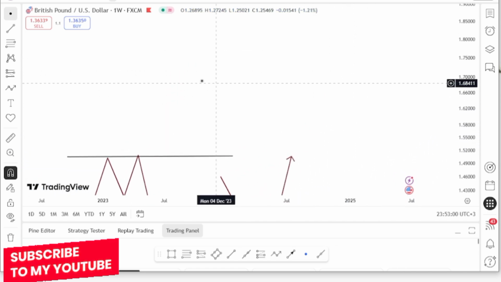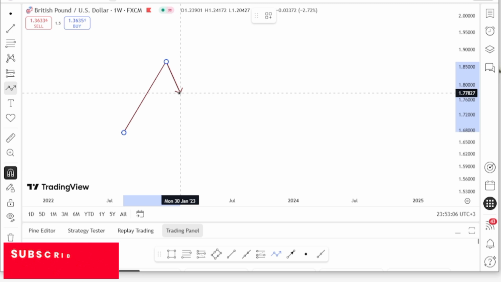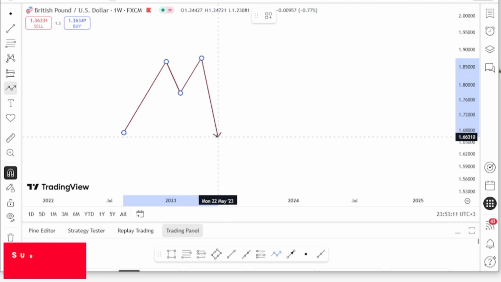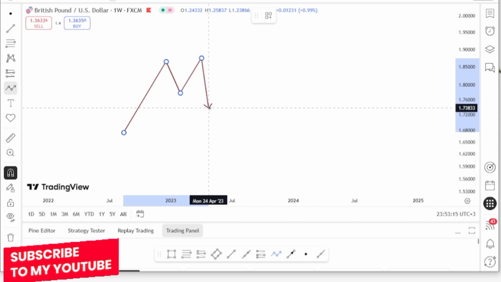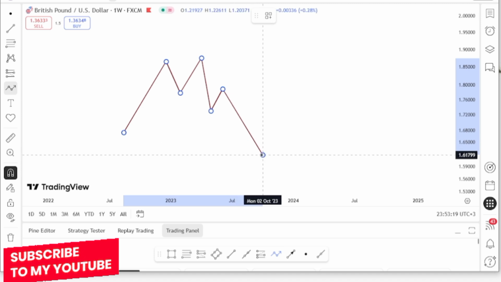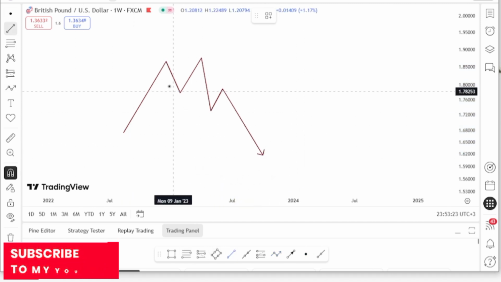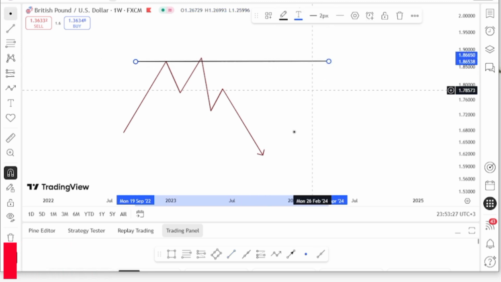So for example, maybe this market has formed like this. Come here, this side, come again up to this point, up to this. Let's draw this as support, and these are resistance.